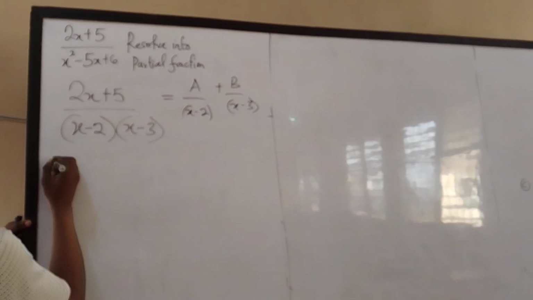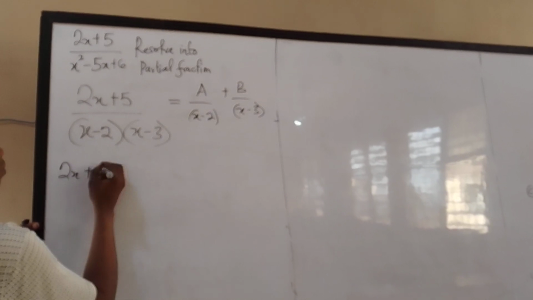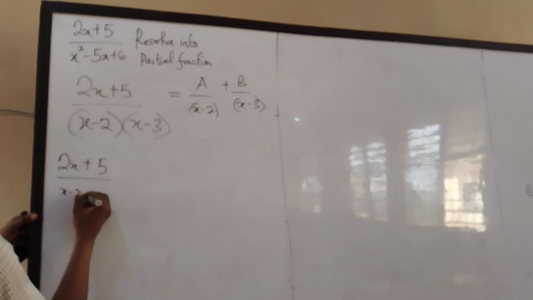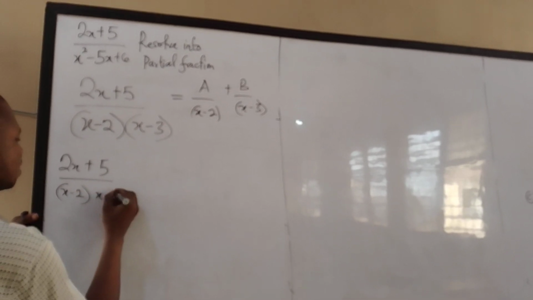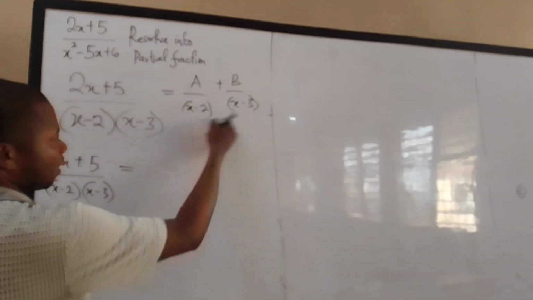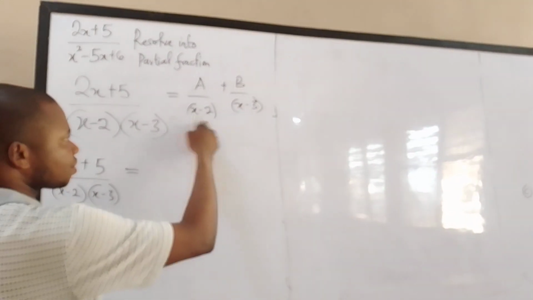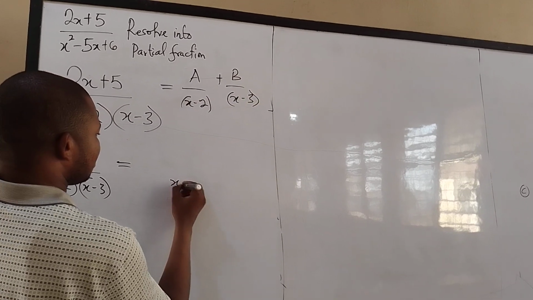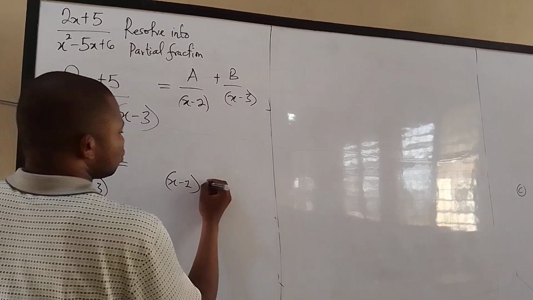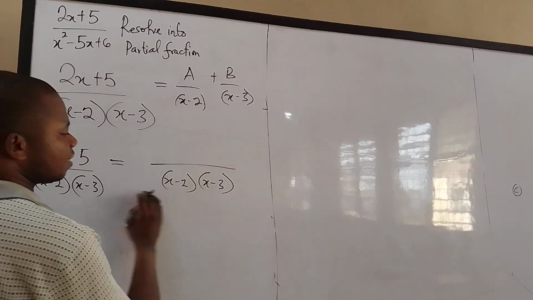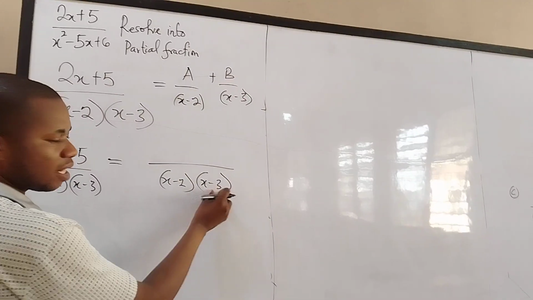So from here I have 2x plus 5 over x minus 2 into x minus 3. I'll find the LCM of this, which is this times this, x minus 2 into x minus 3. This divided by this, this one will cancel this. We are left with this.